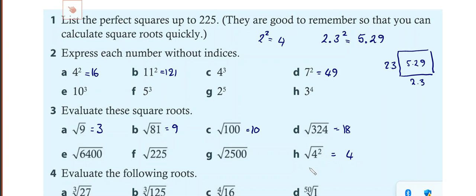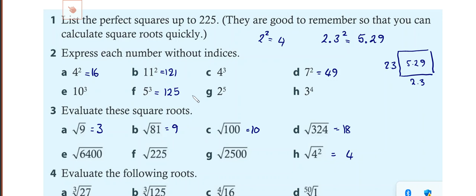Here's what I want you to get though. Do we all know what 5 cubed is? Does anyone not know why?